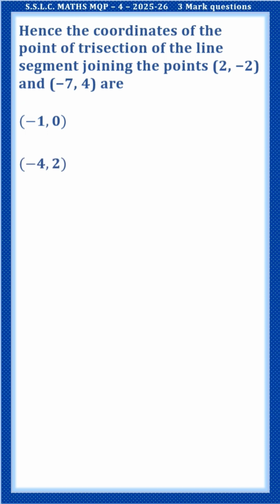And that's it. We found the two trisection points of the line segment joining the points (2, -2) and (-7, 4) as (-1, 0) and (-4, 2).